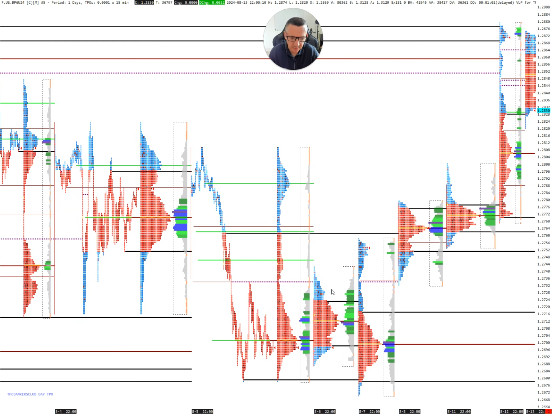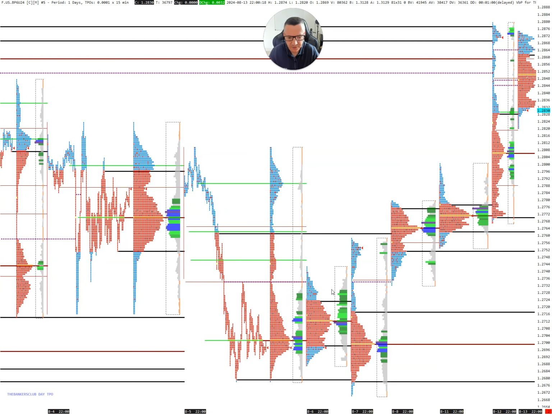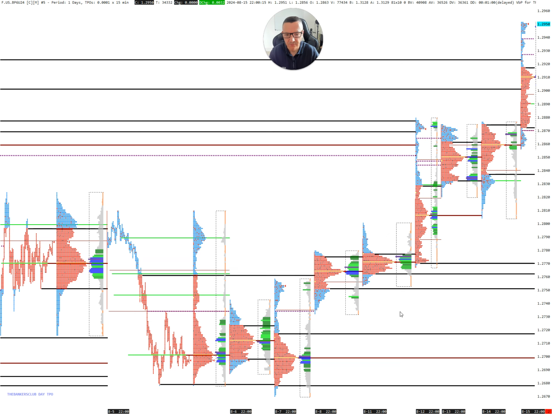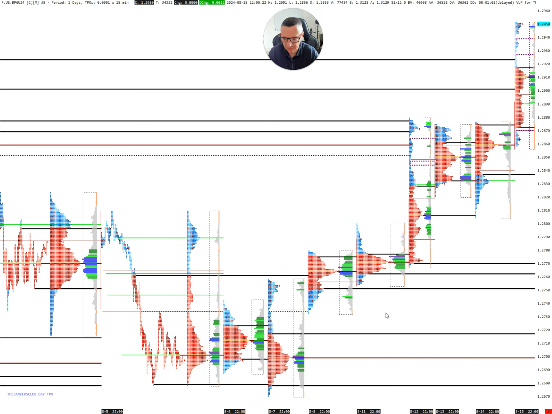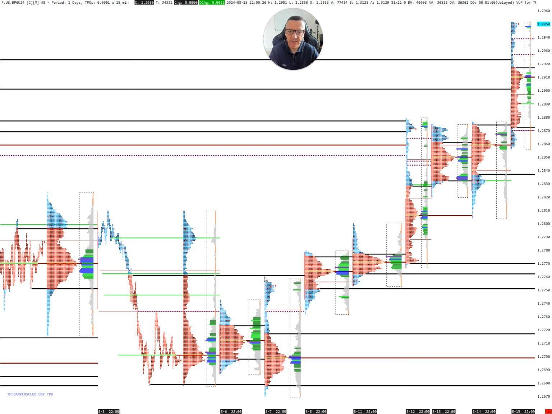Let me just move across a little bit more, see if we can find some more nice examples. Hopefully you're starting to understand why I like to trade profiles and not using retail indicators that are lagging behind price, because as I've just explained, I'm always looking at a previous profile when a new day opens.